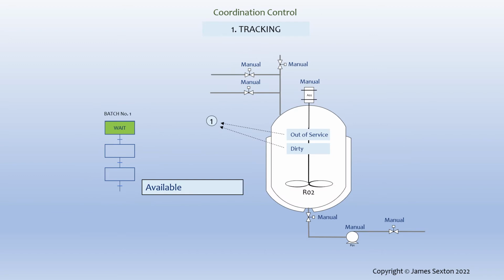Here's another example. An element of coordination control may decide when a unit is ready for use by tracking the equipment status, for example, whether it is in or out of service, its state of cleanliness.